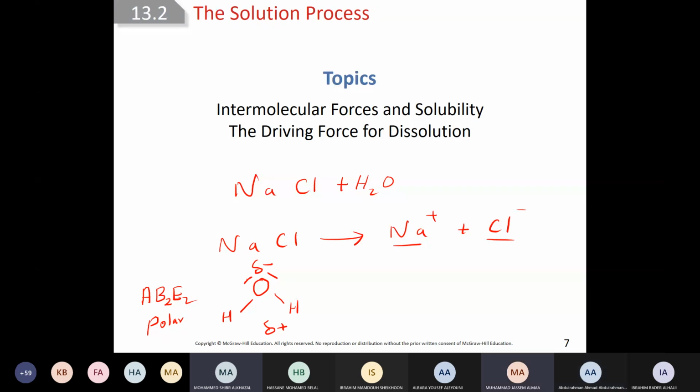Why do you think NaCl dissolves in water? Because the sodium plus will be attracted to water from which side? The negative side, the oxygen. And the chlorine will be attracted from which side? Hydrogen.